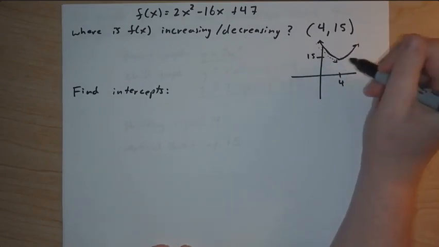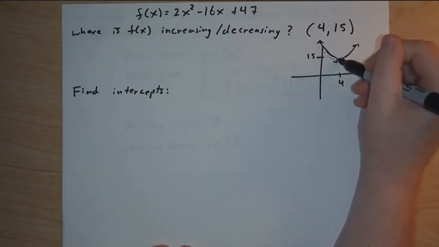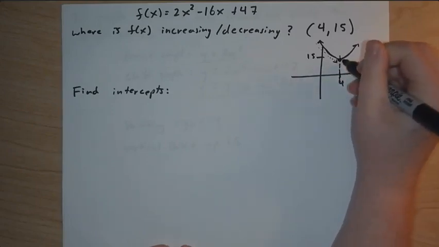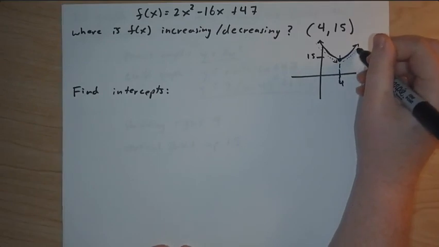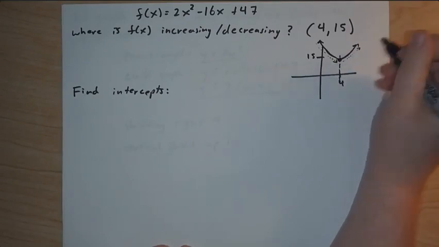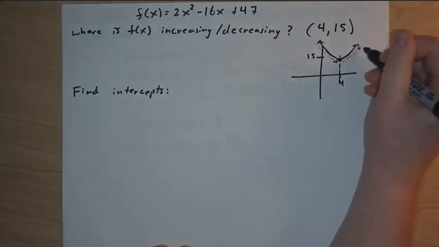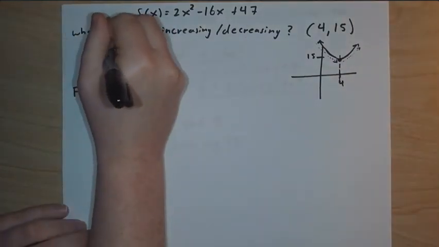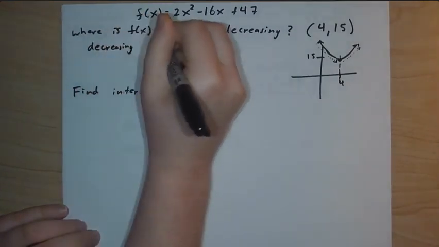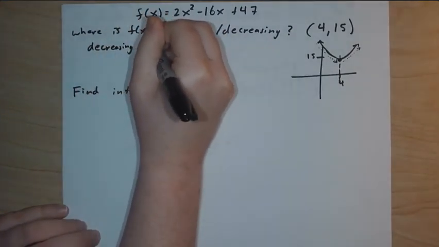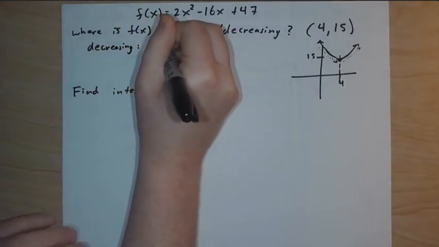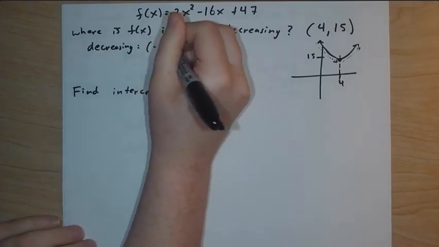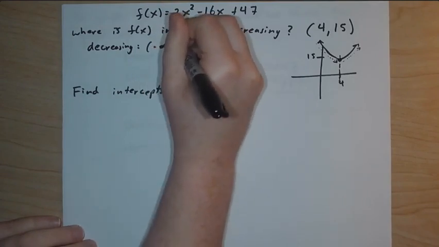So here we can see that our graph is going in the downwards direction. It's decreasing up until we hit x equals 4. And from 4 onwards, we see that it's going in the positive upwards direction, which means it's increasing from here. So we are decreasing from negative infinity to 4.